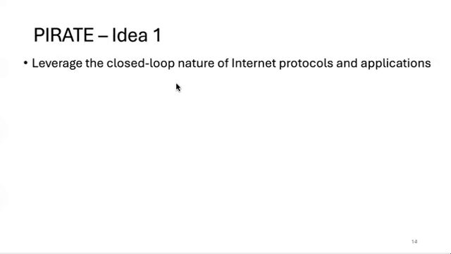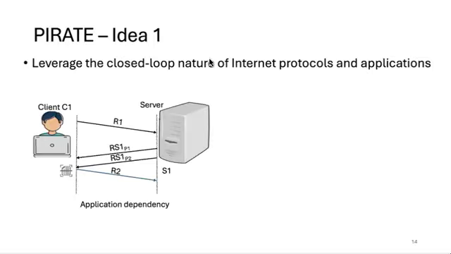In Pirate, our first idea is to leverage the closed loop nature of internet protocols and applications. With a closed loop system, there is some kind of dependency between the requests. These dependencies can be an application dependency.